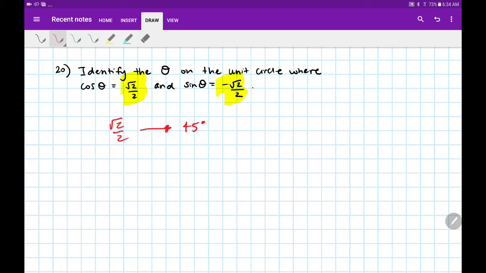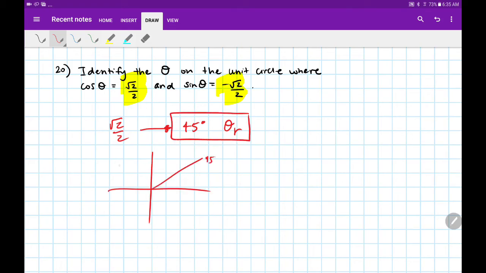And that makes sense that our cosine and sine should be the same because we're talking about a 45, 90 after all. Okay, so we know that this is a 45 degree reference angle, but now we need to know which quadrant because it could be 45. If it's in quadrant 2, it'd be 135, 225, or 315.